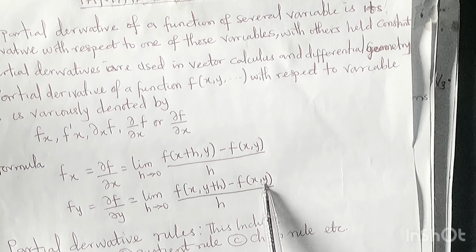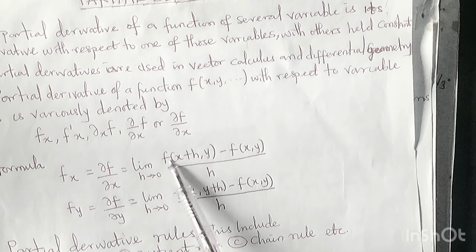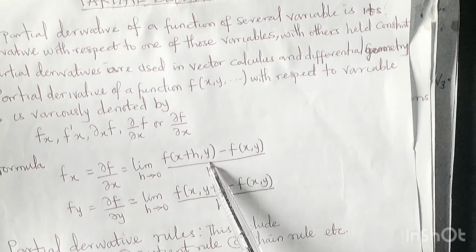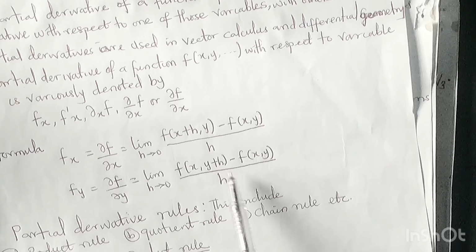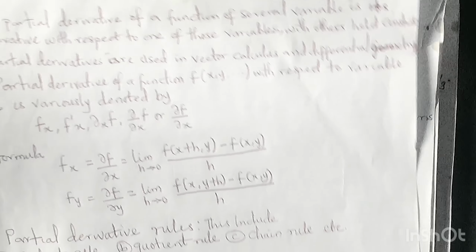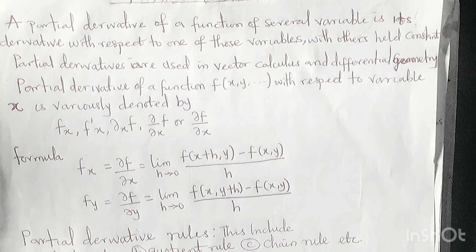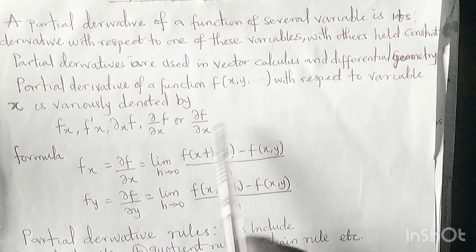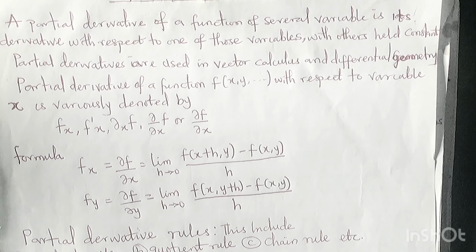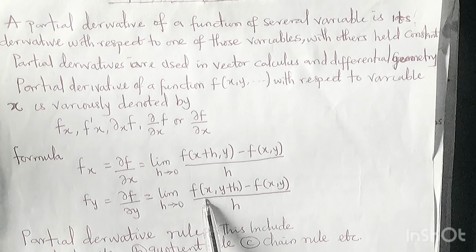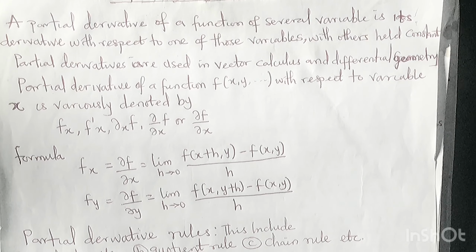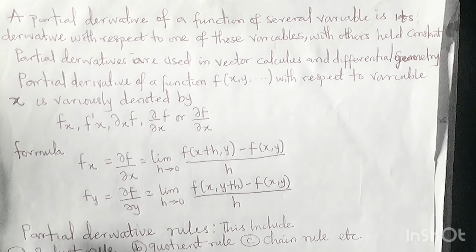And the formula for this is f(x plus h, y) minus f(x, y) all over h. Under limit, you note this formula. We use it when we're talking about limit. And the same thing goes for y. So for y, it is f(x, y plus h) all over h.